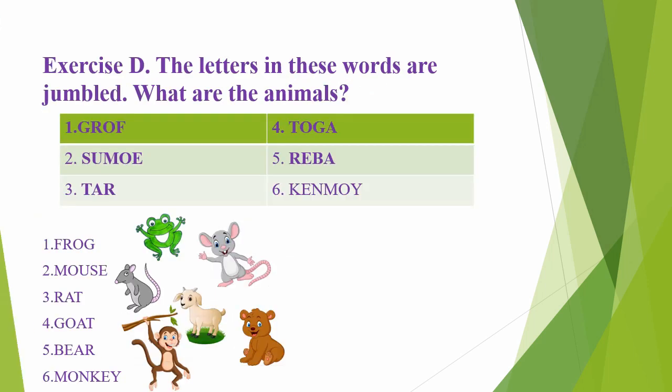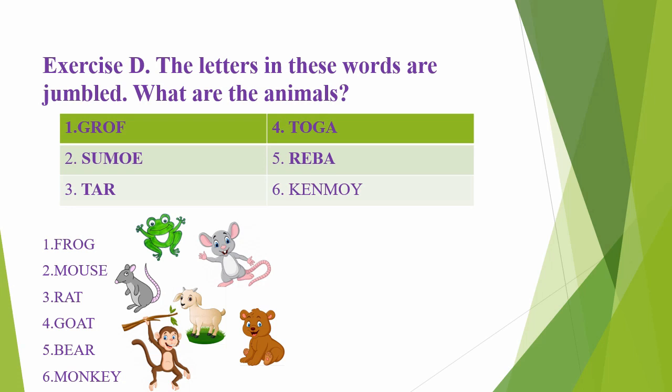Now, moving on to exercise D. Statement is, the letters in these words are jumbled. What are the animals? Students, names of the animals are hidden in these words. You have to find out which animal it is. This exercise is very interesting. Look at number 1. Have you any idea which animal it is?